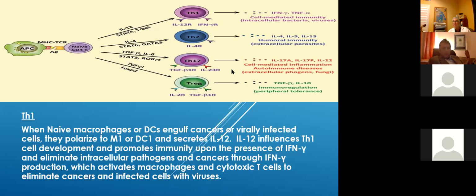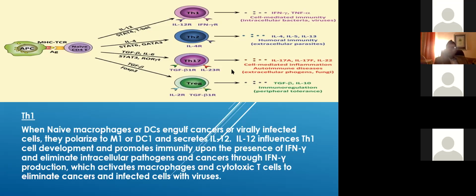So interleukin 12 influences Th1 cell development and promotes immunity in the presence of interferon gamma, right? And those Th1 start secreting interferon gamma. Interferon gamma will positively activate more of the macrophages and make those macrophages polarize into M1.